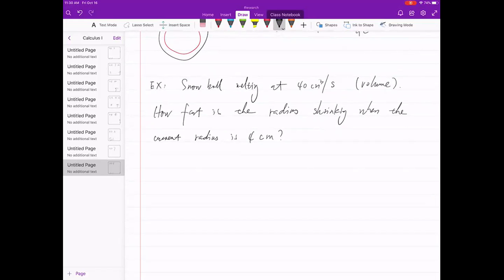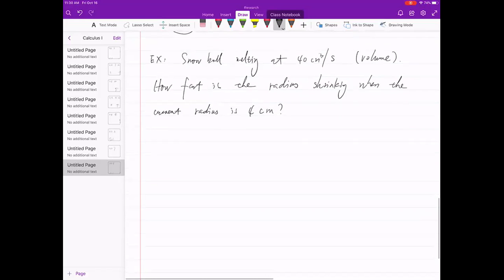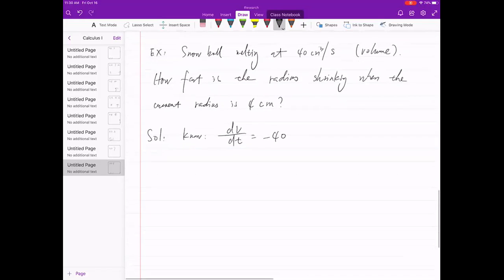Sounds good? Okay. Now let's see how to set this up. We want related rates. Basically, we need two rates. One rate we know, one rate we don't know. The rate we know, the shrinking rate of the volume, I will call it dV over dt, and that is going to be negative 40, shrinking at 40 cubic centimeters per second.